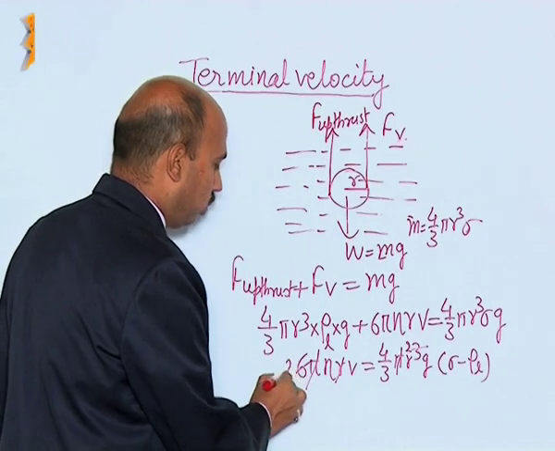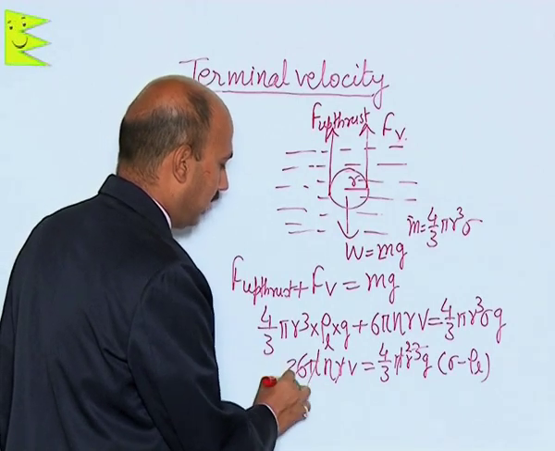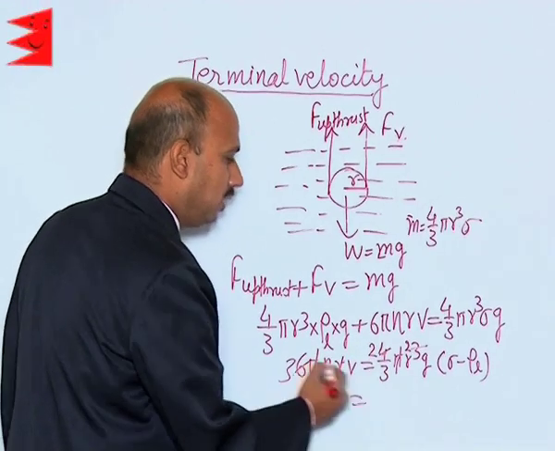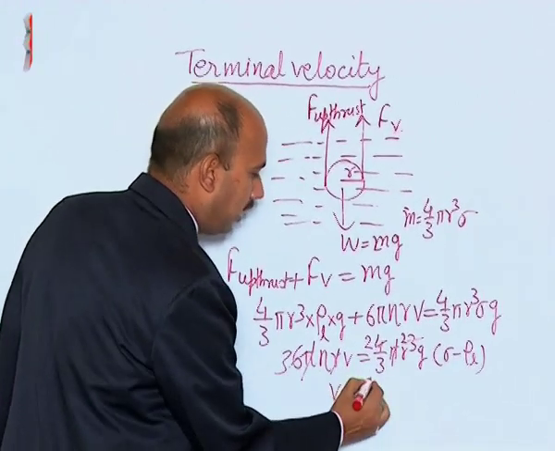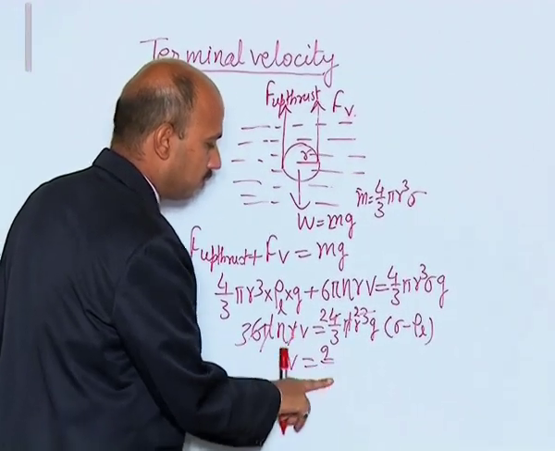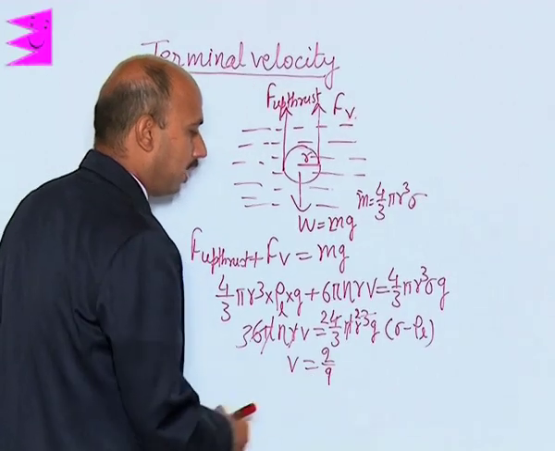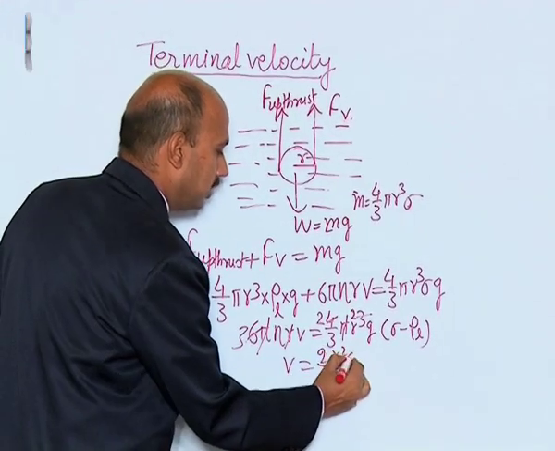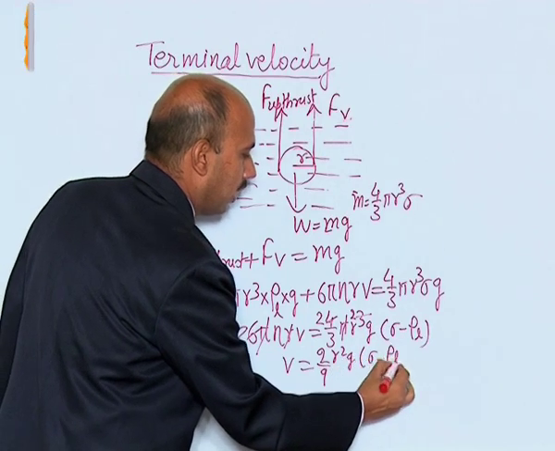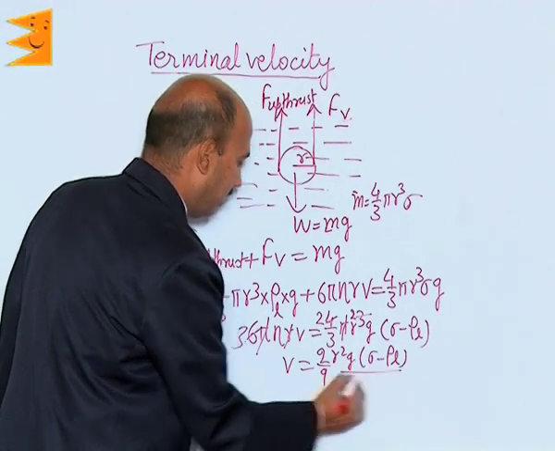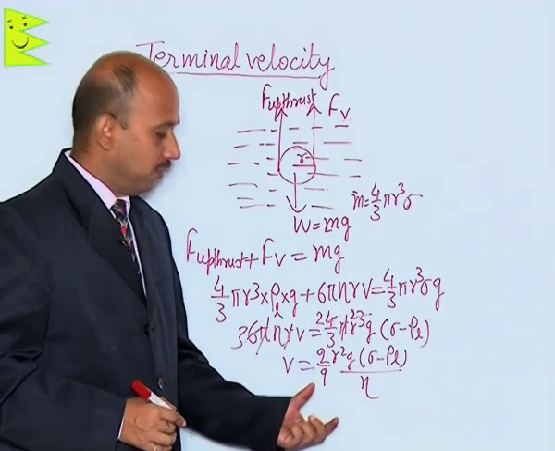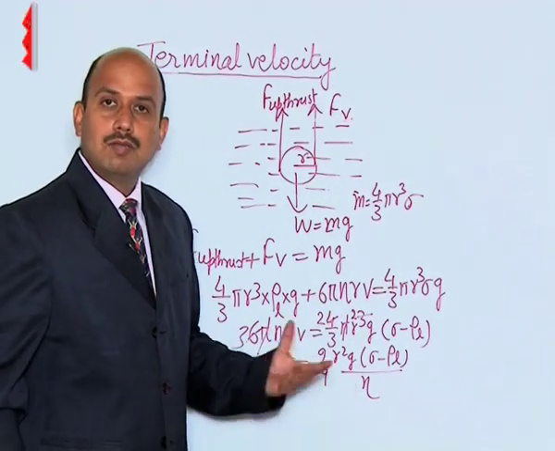So, we get 2 here, that is a 3, and here is 2. So, velocity is equal to 3 threes are 9, so 2 upon 9 into r square g, into sigma minus rho L, divided by eta. So, this is the formula for the terminal velocity.